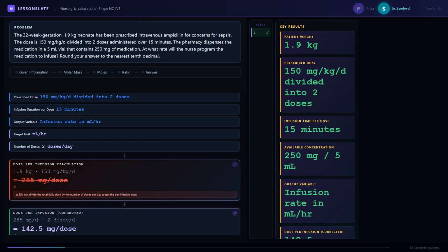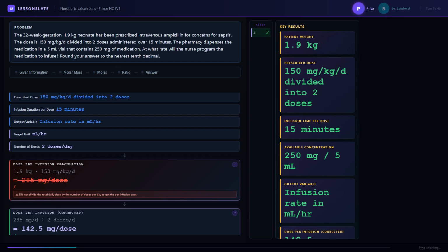You've correctly calculated the individual dose for each infusion. So 285 milligrams per day divided by 2 doses gives us 142.5 milligrams per dose. Now that we know how much medication is needed for a single infusion, what should we do next? Considering the medication is dispensed in a 5 milliliter vial containing 250 milligrams.